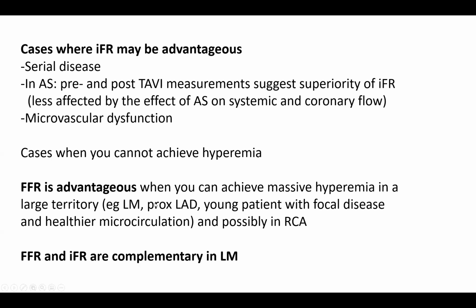FFR is also advantageous, as I described, in the RCA, where the systolic flow and the systolic drop in flow is important. So FFR and IFR, as I described, are complementary in left main and probably complementary with IVUS.